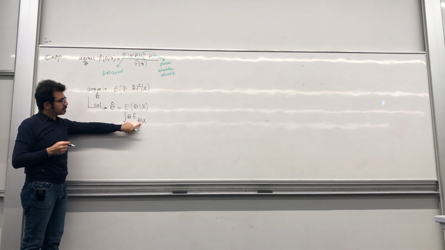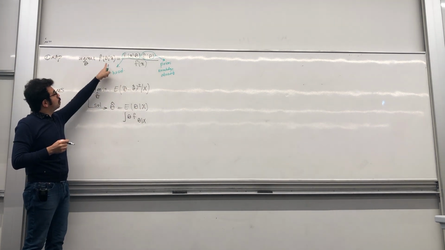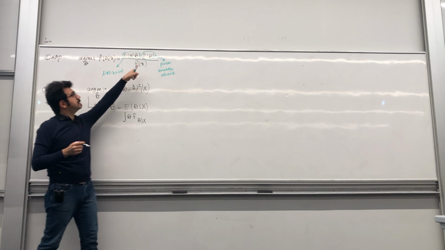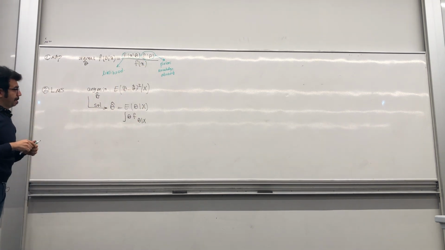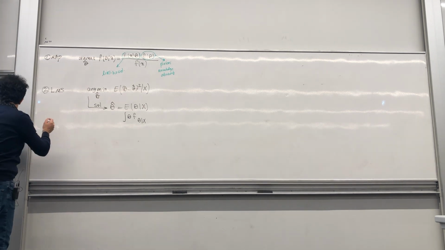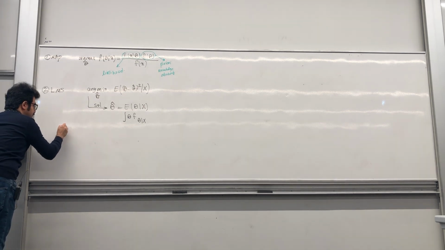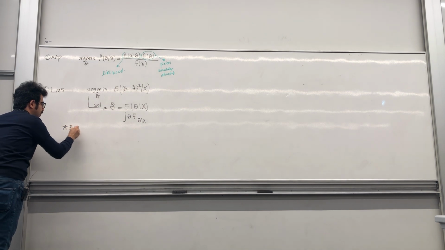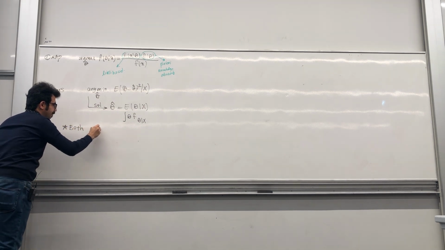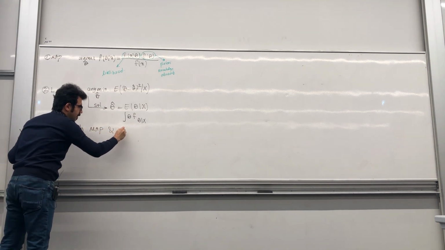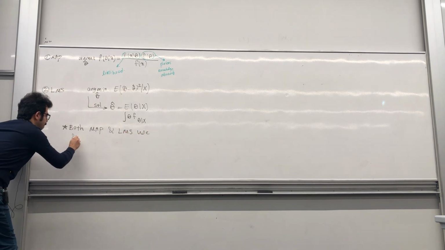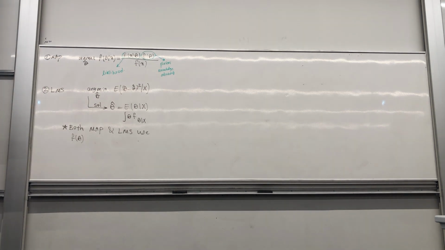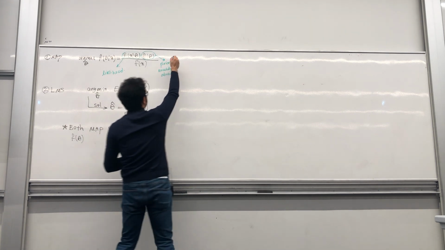For finding the posterior probability, we go back to the formula. Still, you need f of theta. So here's the point: both MAP and LMS use f of theta. This is important.